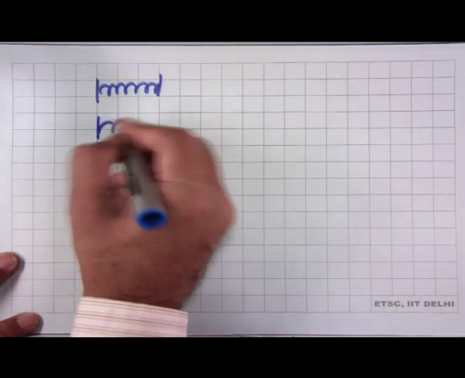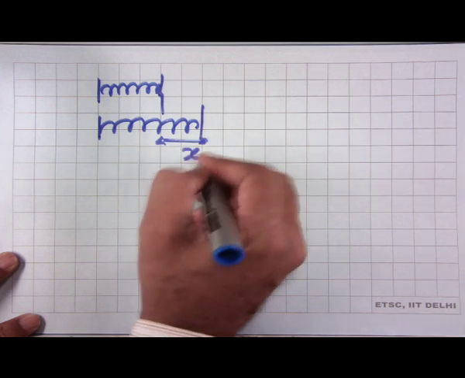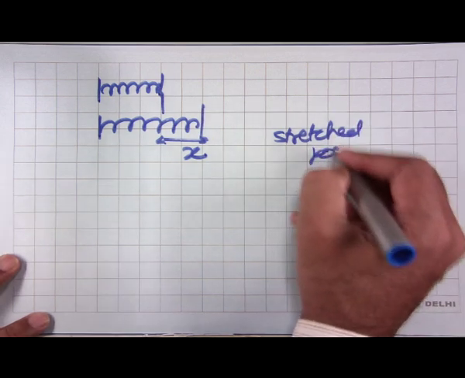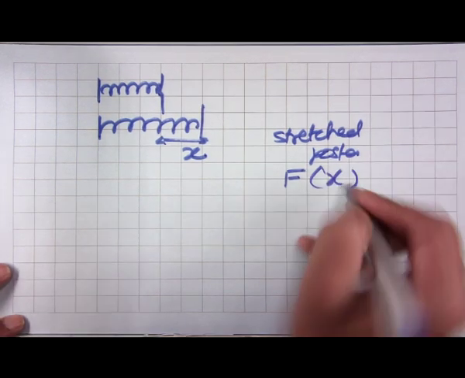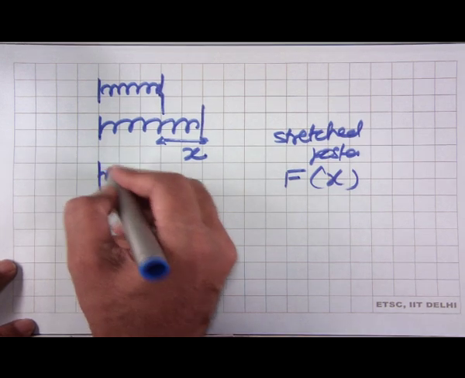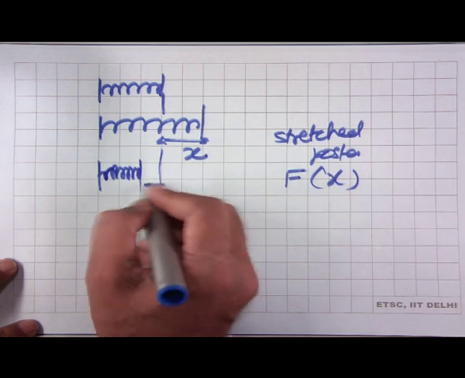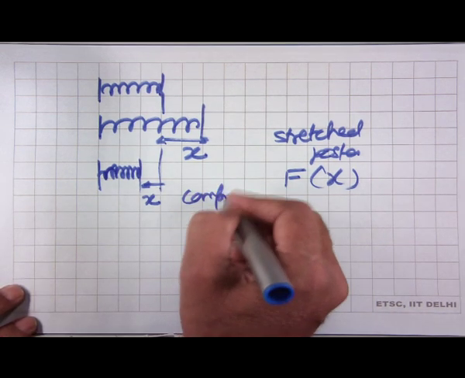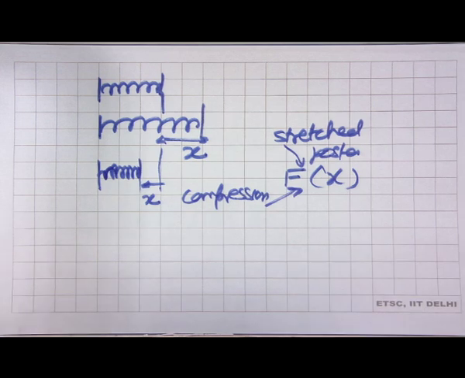If I stretch the spring, that means this is the x, this is the stretched position, and the force which the spring applies is a function of x. And similarly, if I compress the spring, now this is compression, so x is negative. In both these cases, whether I stretch or compress the spring, a force F is applied.